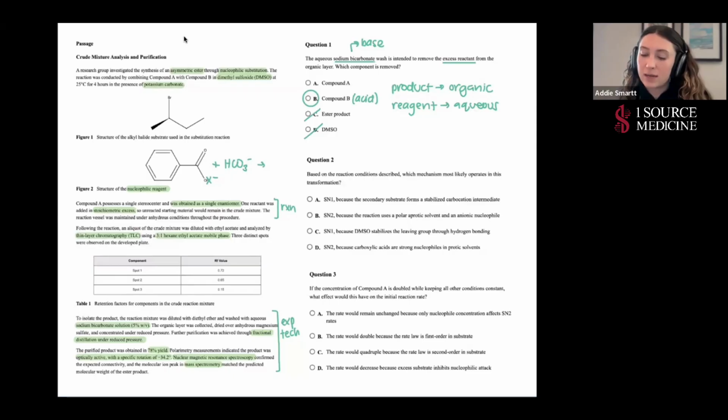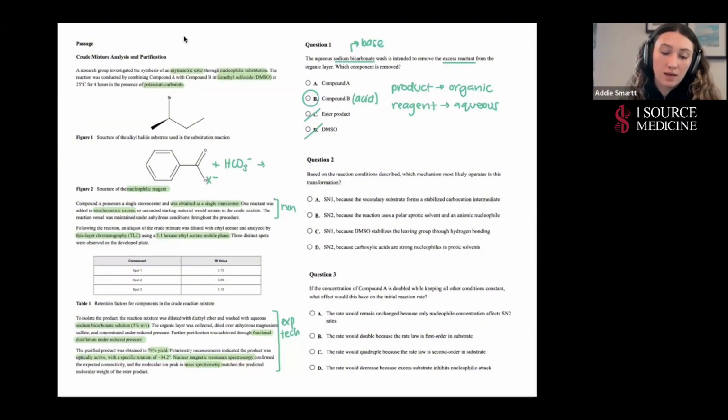SN1, because DMSO stabilizes the leaving group through hydrogen bonding. So with DMSO being a polar aprotic solvent, it is going to have a partial negative charge on that sulfoxide group. So the leaving group would leave as a negative. It doesn't really have the hydrogens, because it is aprotic, that would stabilize the leaving group through hydrogen bonding.